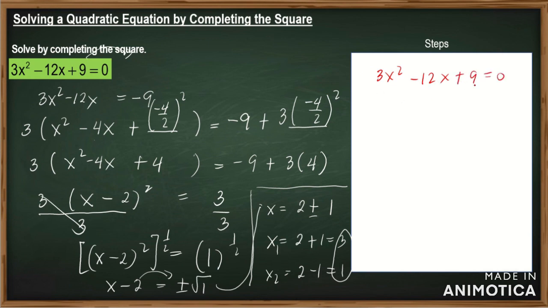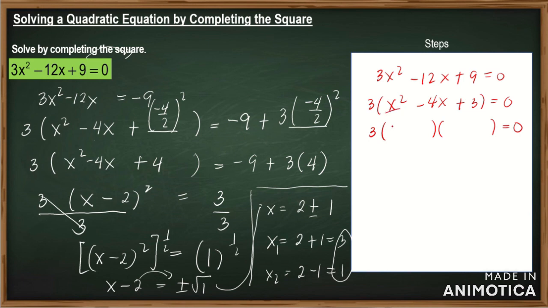Now, all terms are divisible by 3, so you're going to factor out 3. Then we have 3x squared divided by 3 is x squared. Negative 12x divided by 3 is negative 4x. Then 9 divided by 3 is positive 3 equals 0. Then we get the factors of x squared minus 4x plus 3.